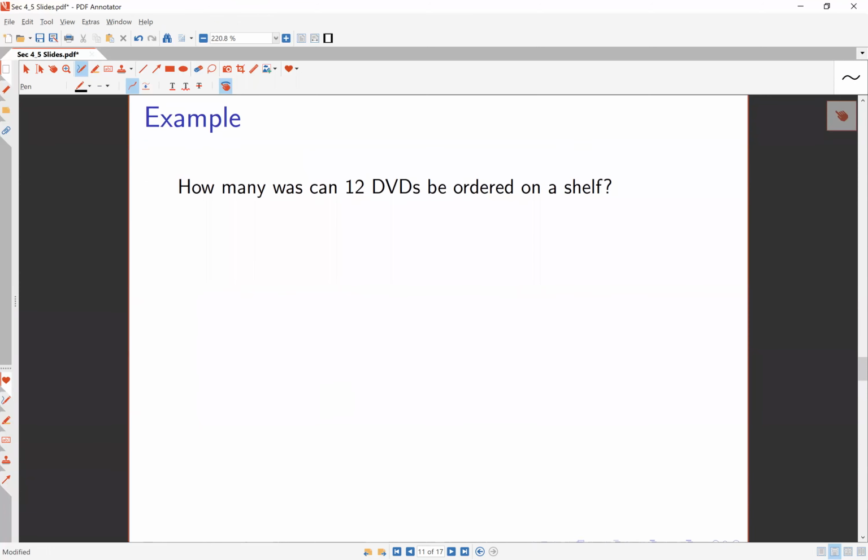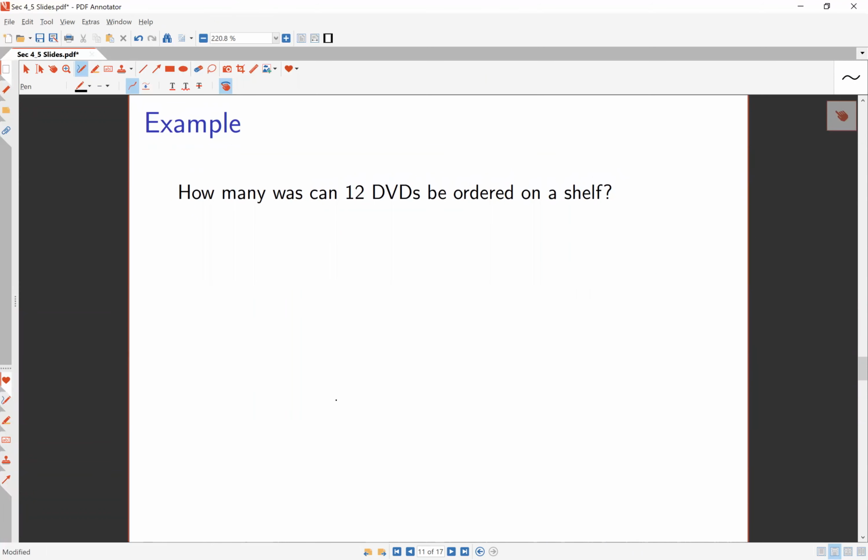So what would a permutation problem look like? Well, say you have 12 DVDs, and I know people don't even really have DVDs anymore, but let's say you still have 12 DVDs nicely sealed in their cases. You're a collector of some sort, and you want to line them up on a shelf. In how many ways could you do this?